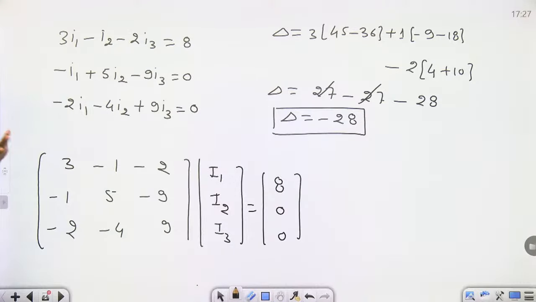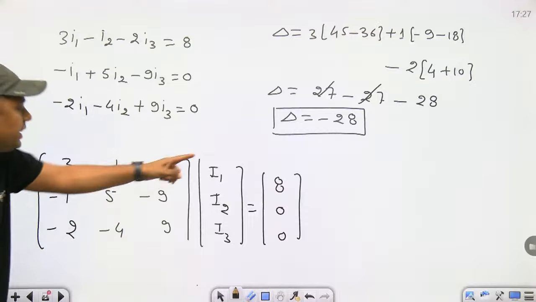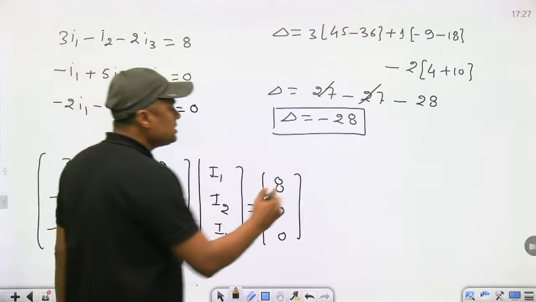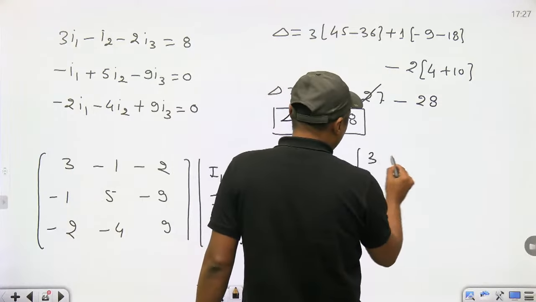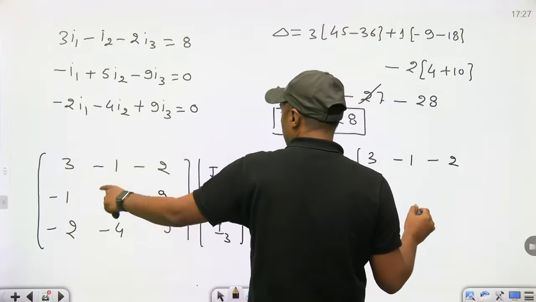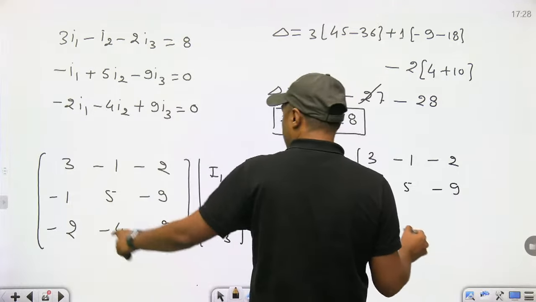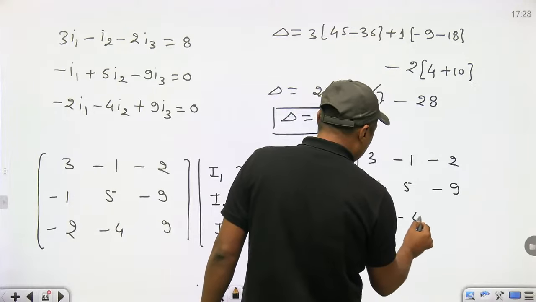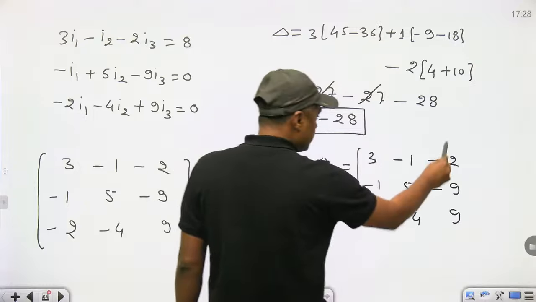That is another way. I just want to give the idea about Cramer's rule. Now, we want only I3. That's why this third column you can replace by 8, 0, 0. So, what is del 3 here? 3, minus 1, minus 2; minus 1, 5, minus 9; minus 2, minus 4, and you have to replace this third column. So remove this.